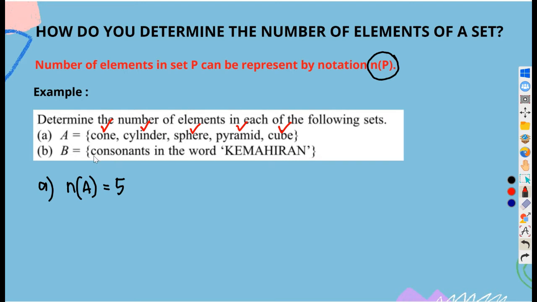You need to know what the consonants are here. The consonants are K, M, H, R, N. So these letters are the consonants. So for B, we write the number of elements in set B, n(B). 1, 2, 3, 4, 5. Same for this one, also 5.